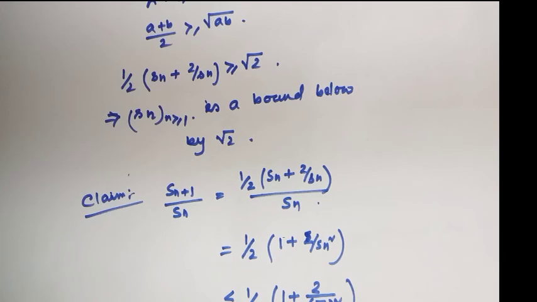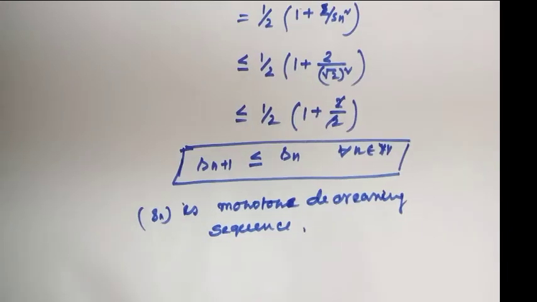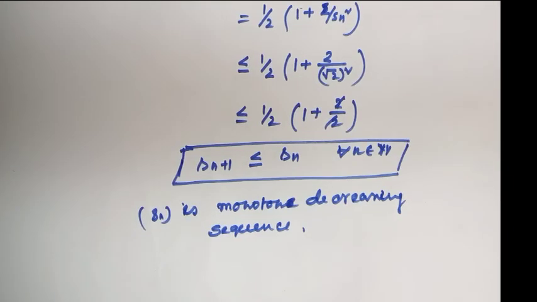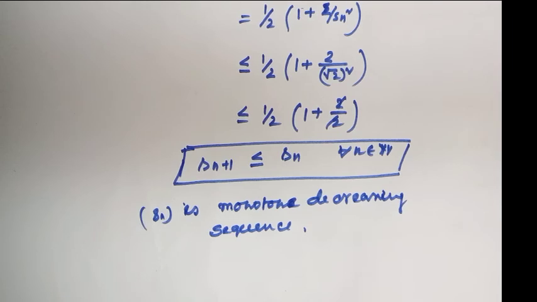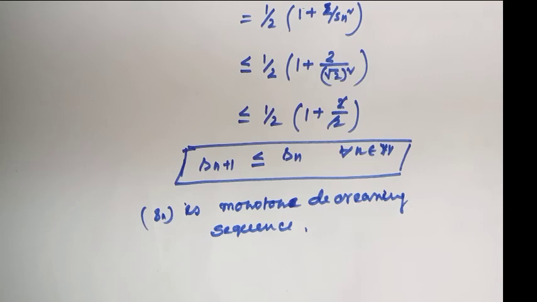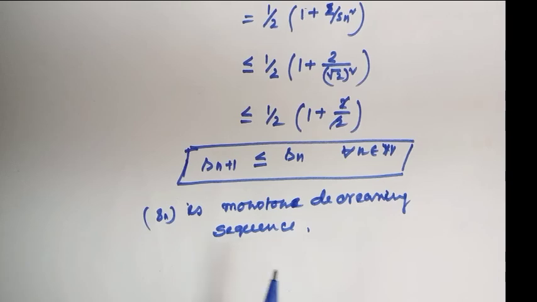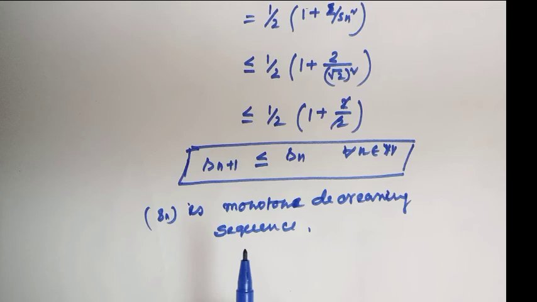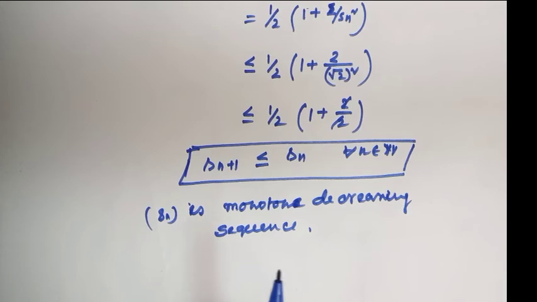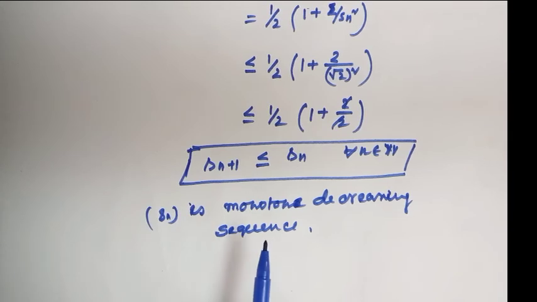So by the monotone convergence theorem we can tell S_n is a convergent sequence. Are you getting my point? Why the monotone theorem is very important, I have told in my previous video. So I recommend you don't miss my previous video on sequences.